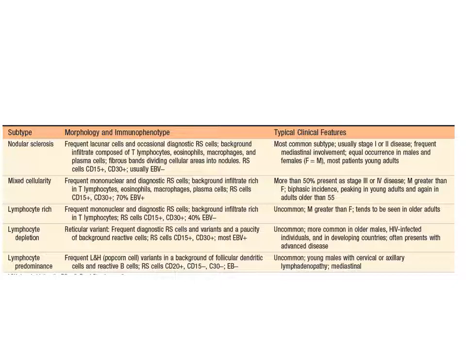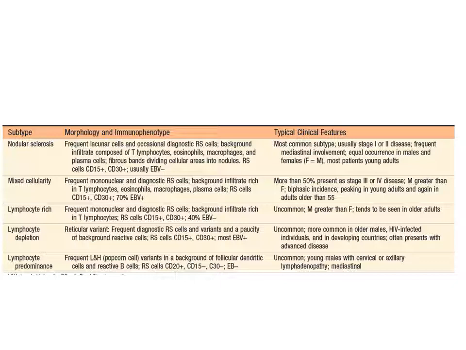Most will be positive for Epstein-Barr virus. This is a relatively uncommon type, more common in older males or HIV infected individuals. In developing countries, it often presents with advanced disease. So in poor countries like ours, this may be a more common form, and this is usually an advanced disease.